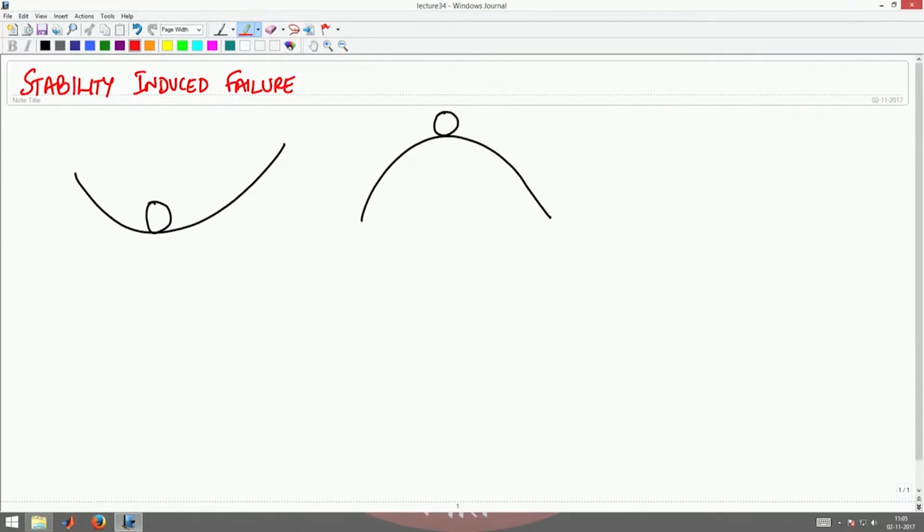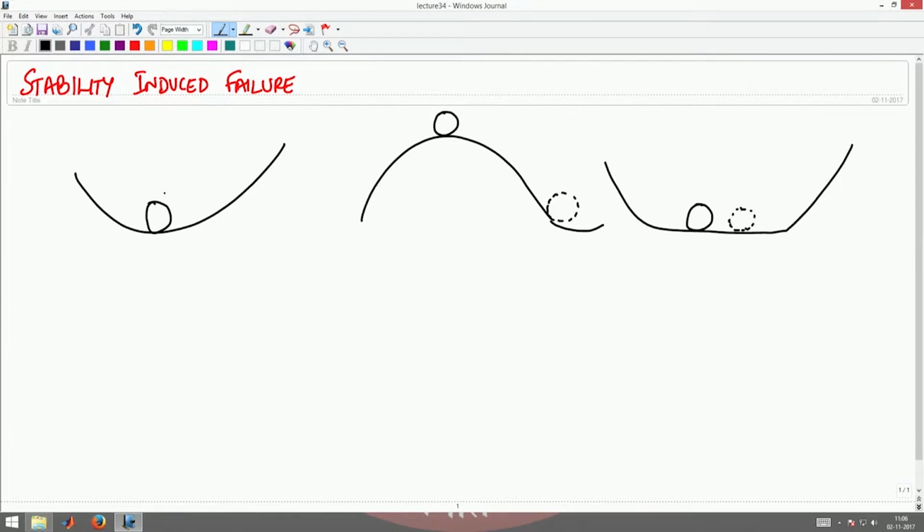Similarly, I can have a situation wherein I have the ball somewhere here, a small disturbance will take it to somewhere here and it will stay put there. There won't be further deformation. Whereas in the second case, a small disturbance would take it to some position here, or much deeper, depending upon the shape of the surface.